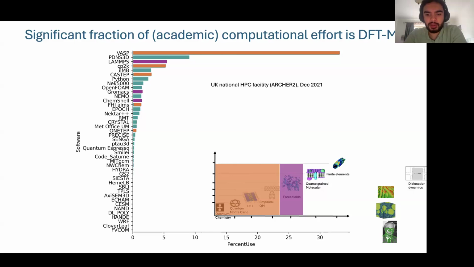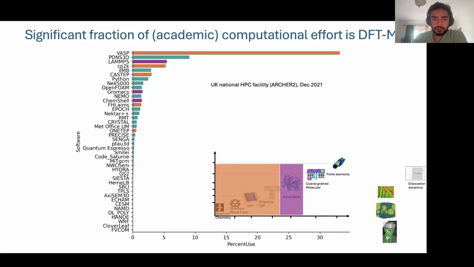It's mostly dominated by simulations trying to do one of the methods that I showed earlier. In particular, about 60% of the whole cluster is used to do either DFT or semi-empirical methods or quantum chemistry methods. And this is over all the scientific usage of the cluster. So being able to speed that up is very important.